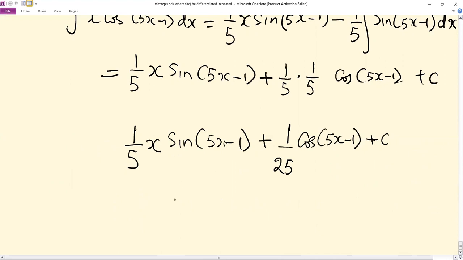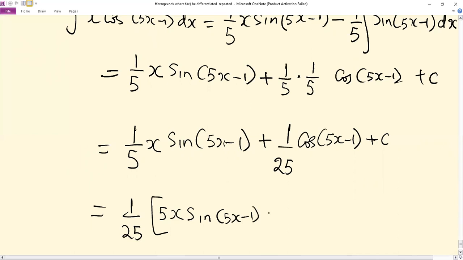You can decide to factor out 1 over 25, so it'll be 1 over 25 into, now this will be 5x sine of 5x minus 1 plus cosine of 5x minus 1 and then plus constant of integration c.